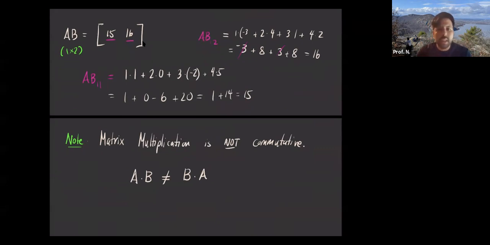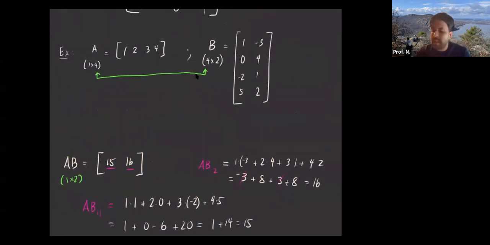As you can tell, if I were to multiply the opposite way, if I were to do B times A here, would that work out? Well, this is a 4 by 2 matrix. This is a 1 by 4 matrix. I wouldn't be able to do this. This would not give me anything, because these inner dimensions don't even match up.